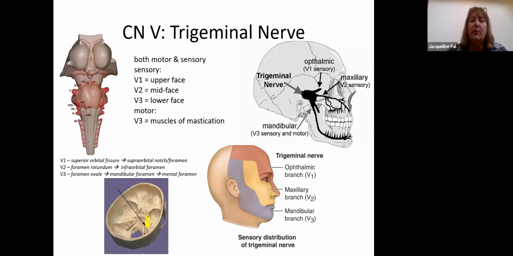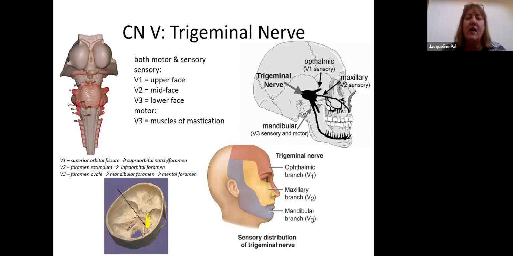The first branch is called the ophthalmic branch, which is OPHTH. This branch is only sensory, and it is sensory to the upper part of the face and the male pattern baldness part of the top of the skull. When we say cranial nerve 5, we mean trigeminal.